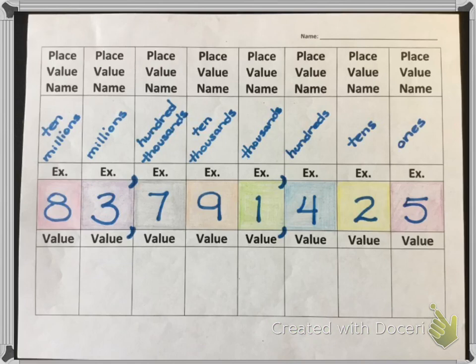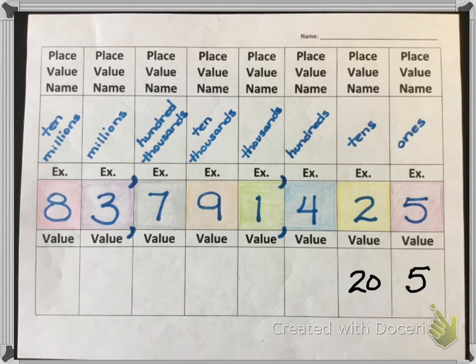After your digits have been added to your charts, we're going to fill in the value of each digit. So the 5 in the ones place we know just means 5. The 2, however, is in the tens place. 2 tens means that the 2 has a value of 20.